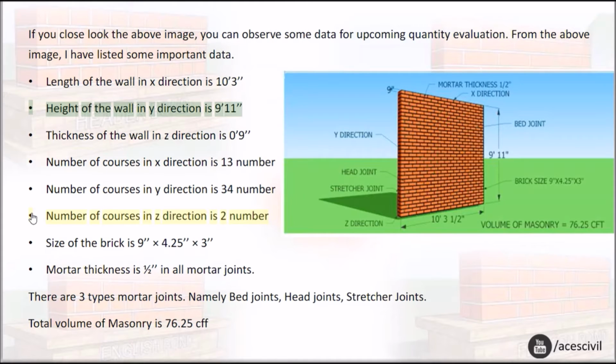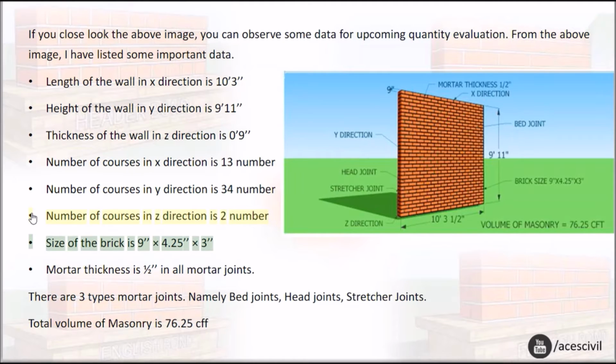Height of the wall in its direction is 9.11. Thickness of the wall in Z direction is 0.9. Number of courses in its direction is 13. Number of courses in its direction is 34. Number of courses in Z direction is 2.